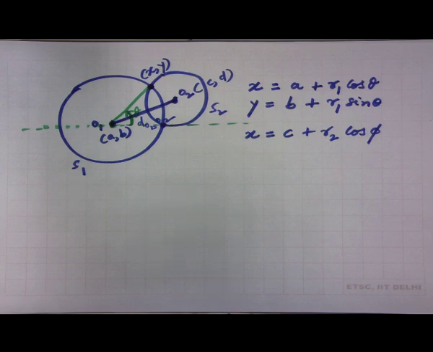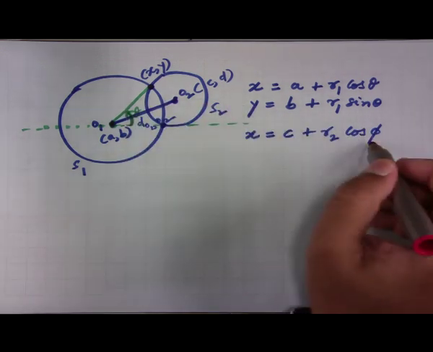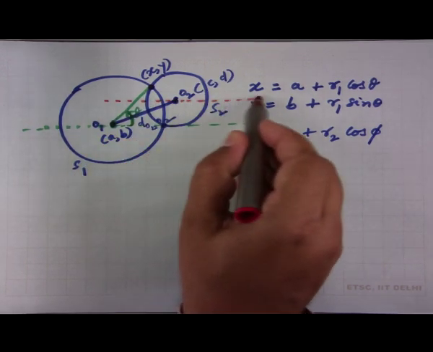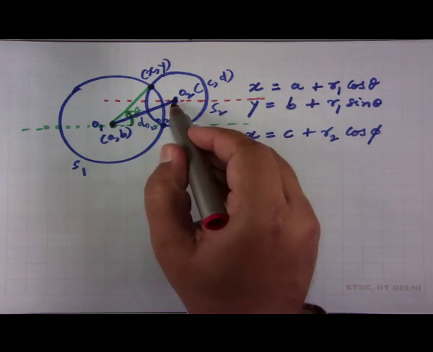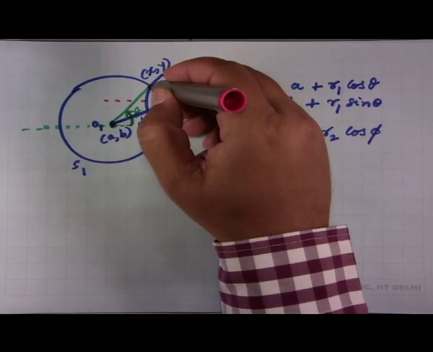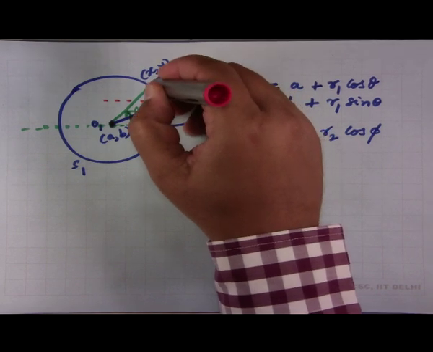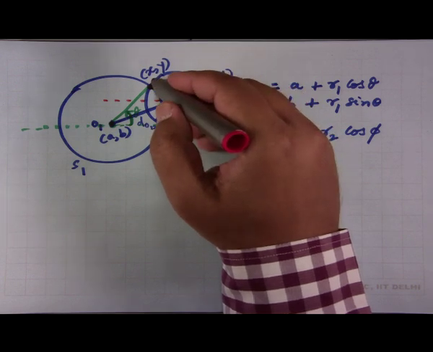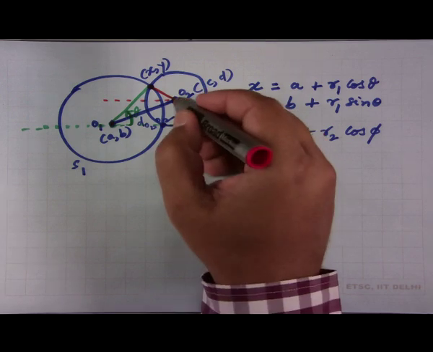Again, to show phi, we have to draw a line parallel to the x axis through the center O2, and then we have this radius joining the center O2 with this point x y.